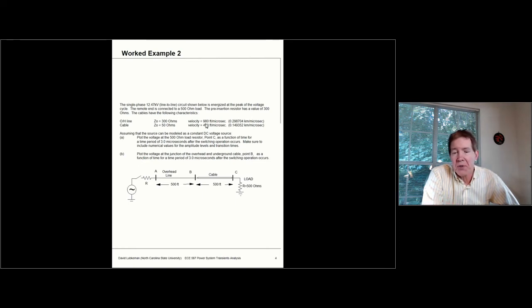What I'm told in this case is that I've got a pre-insertion resistor with a value of 300 ohms. Now, why would I have that pre-insertion resistance in the circuit? Well, if I simply applied that source directly to the overhead line, I'd have the full value of the source voltage applied to that overhead.